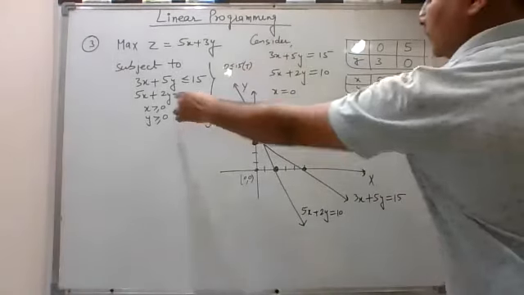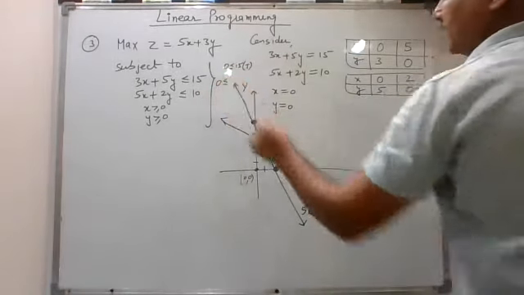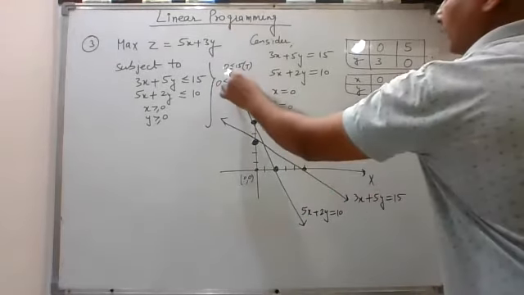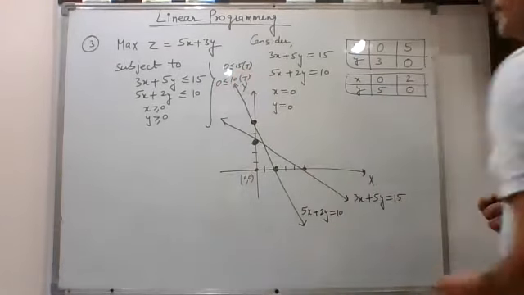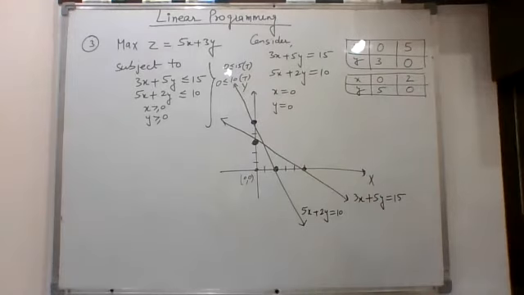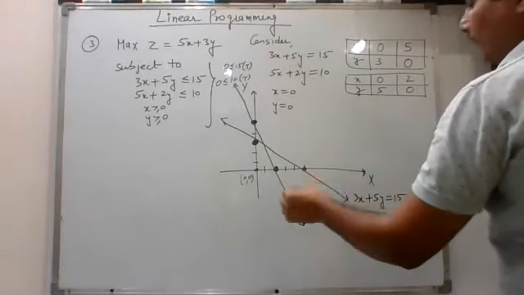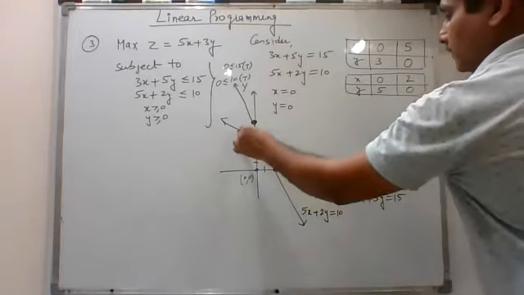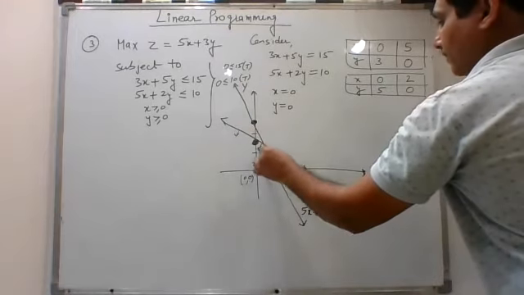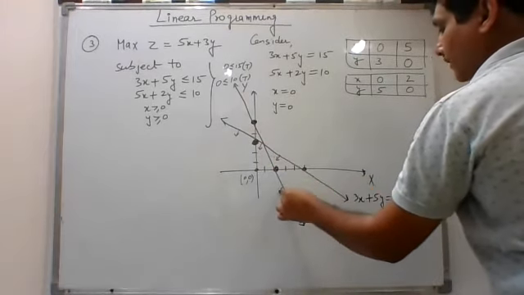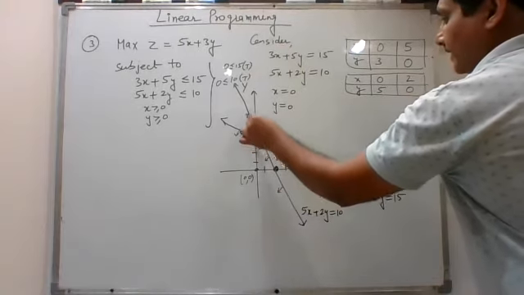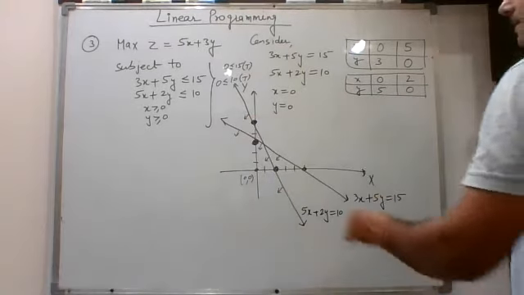Similarly, when you put x equal to 0, y equal to 0 in this one, you will get 0 is less than or equal to 10, which is again a true statement. Whenever your statement is true, you have to move towards the origin. You have to cover the origin. So for both the lines, we have to move downward. You will indicate this with the help of arrowheads.